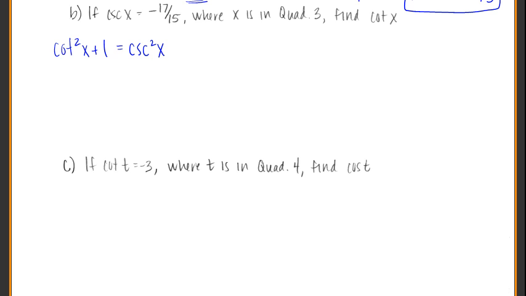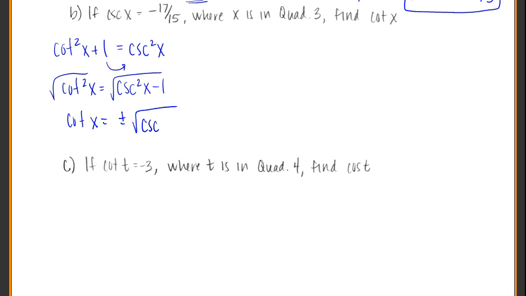The problem asks us to find cotangent, so we're going to move the 1 over. So cotangent squared x is equal to cosecant squared x minus 1. Let's take the square root, and cotangent x is equal to plus or minus the square root of cosecant squared x minus 1.